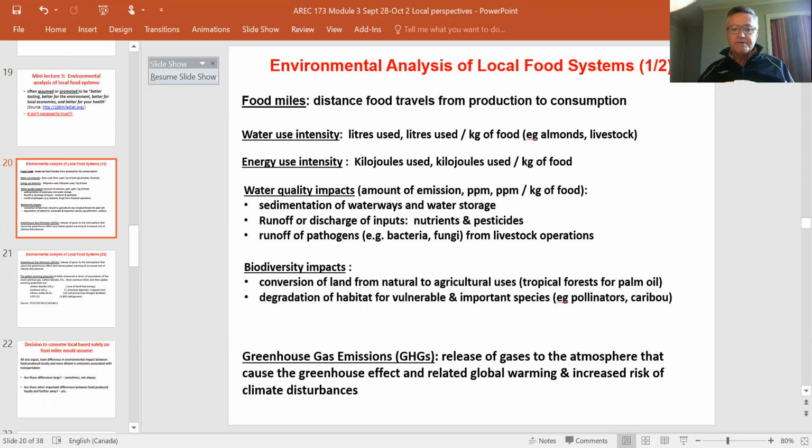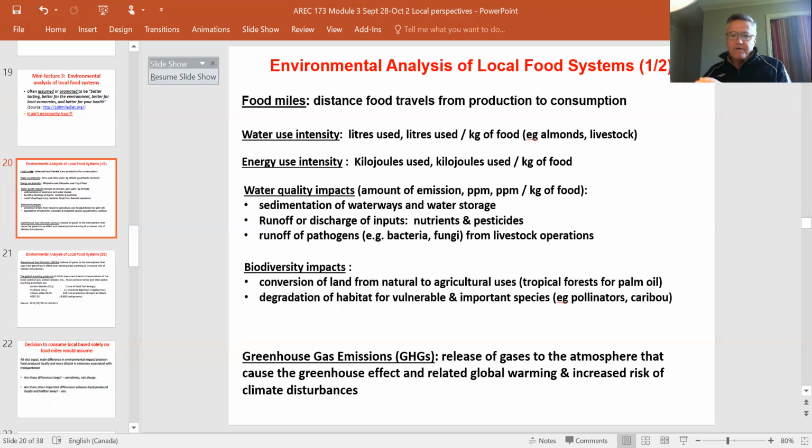Sometimes we look at water use intensity. So how many liters of water are used in an industry, or an easier way to compare, how many liters are used per kg of food. That might be the kgs of food at the farm gate, or the kgs of food that are actually consumed by people, assuming there's going to be waste and loss along the way.